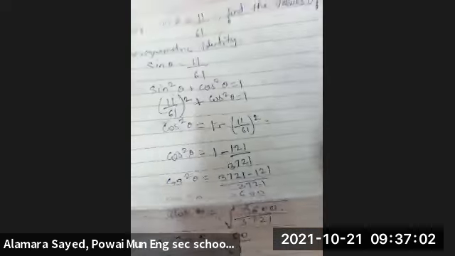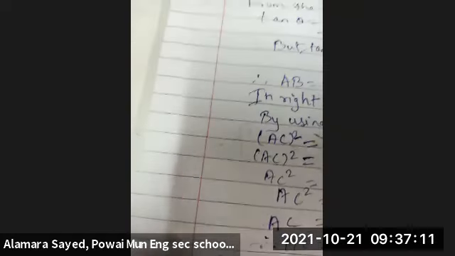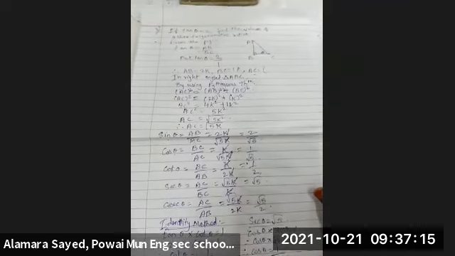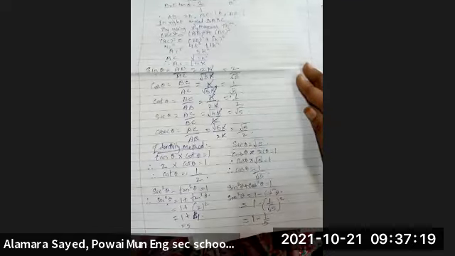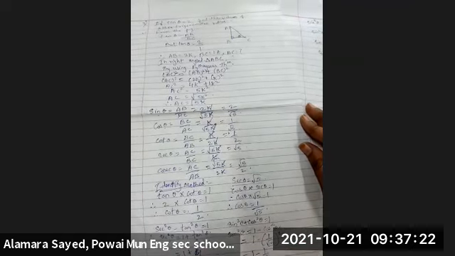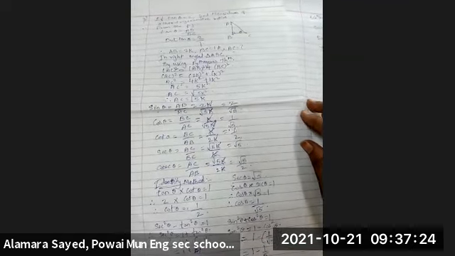Question number 2. First we have completed, second we have completed. Now, question number 3 you have also seen. This is question number 3. This is the triangle method, identity method.